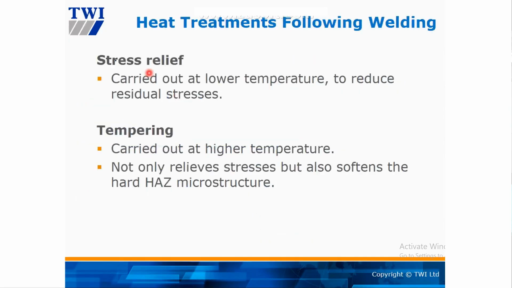All right, here stress relief, the purpose is carried out at lower temperature to reduce residual stress. So lower temperature here, this must be lower than the lower critical temperature, which is less than 727 degrees C or 723 degrees C. So tempering here is carried out after quenching.